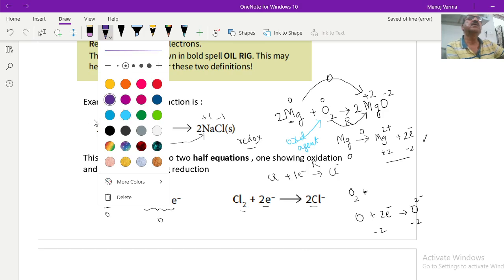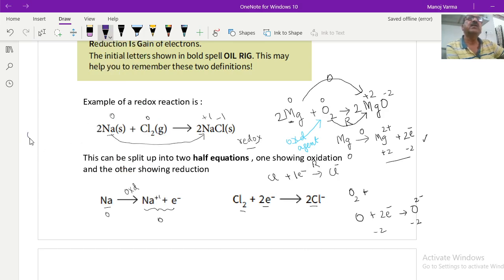That an oxidizing agent itself gets reduced. See, the oxidizing agent itself gets reduced because an oxidizing agent actually gains electrons. So if oxygen is an oxidizing agent, then what about magnesium?